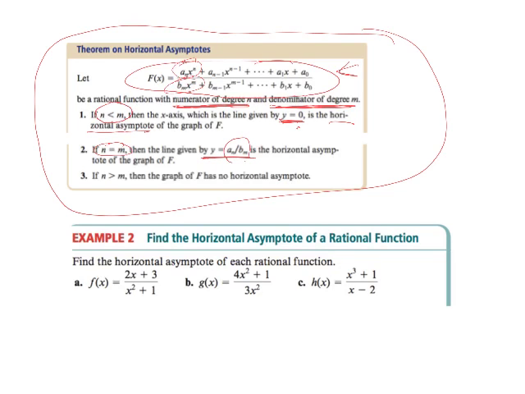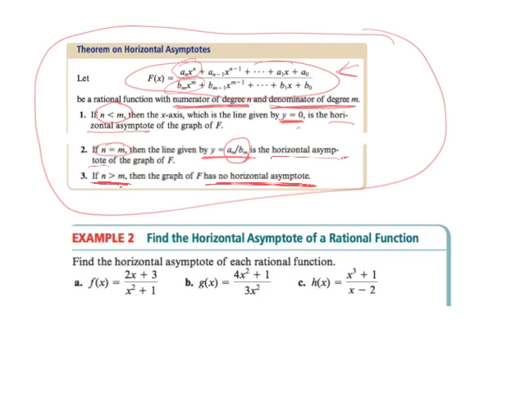Now don't make a big deal out of this. This is just the leading coefficient of the numerator over the leading coefficient of the denominator. That's your horizontal asymptote. And then if the degree on top is larger than the degree on bottom, there is no horizontal asymptote. So those are the three rules you need.